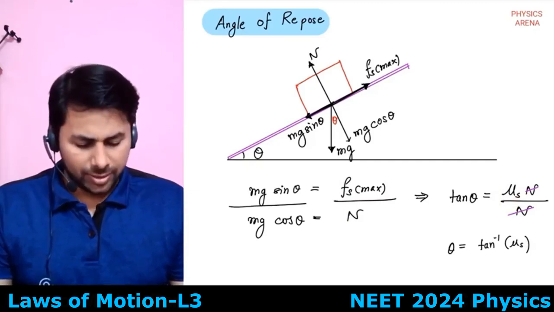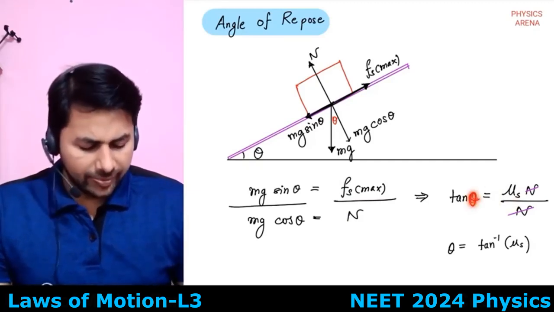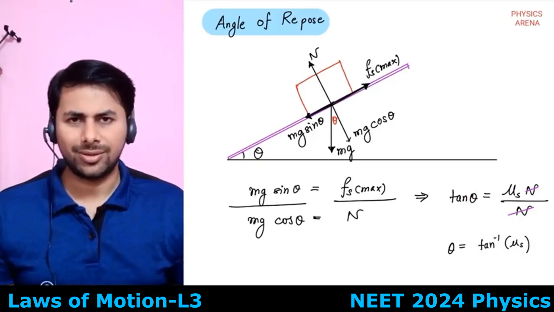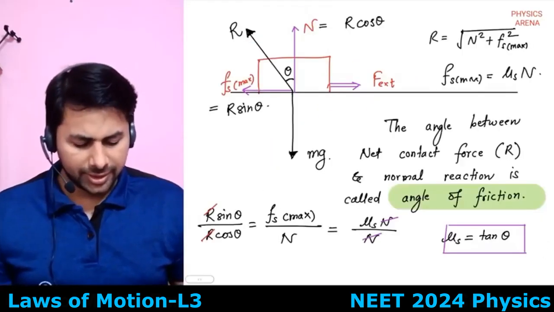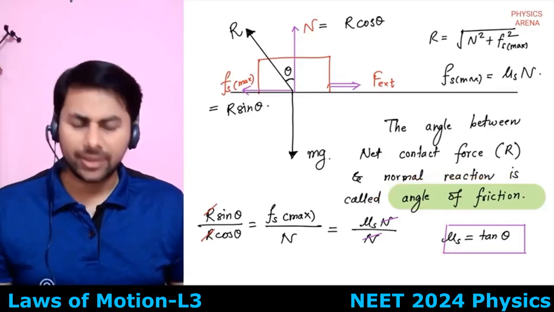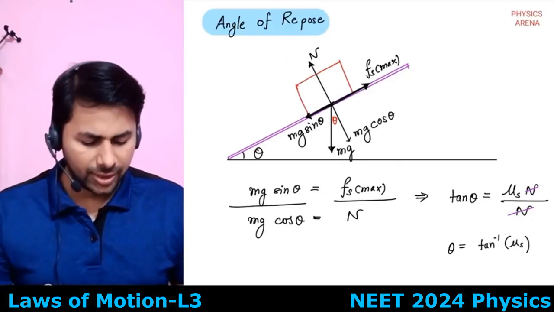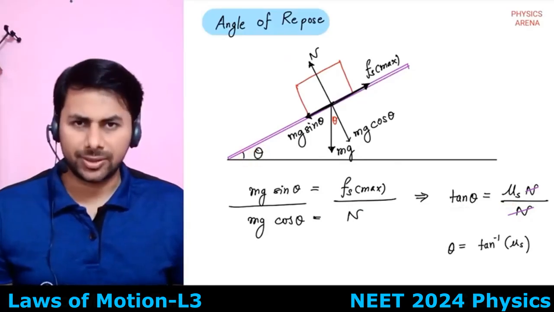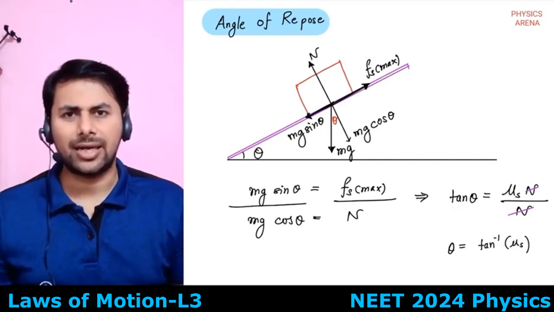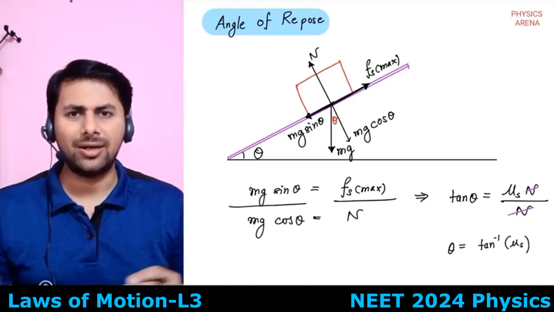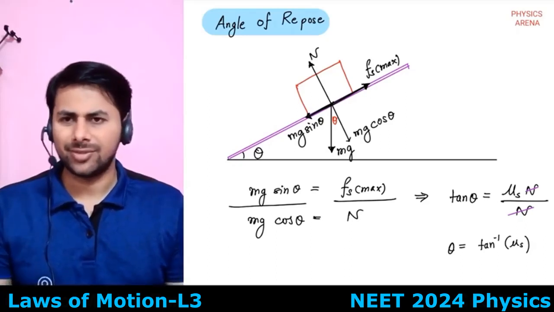So theta is equal to tan inverse of mu s. In the earlier case of the angle of friction, we had mu s equals tan theta. In this case also, for the angle of repose, tan theta is equal to mu s. So the angle of friction and the angle of repose are equal. Is it clear?